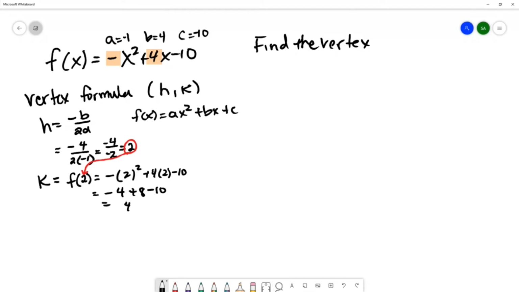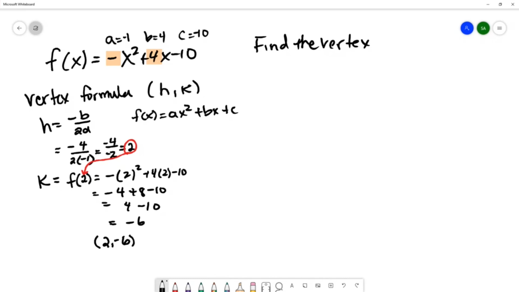Negative 4 plus 8 is 4. 4 minus 10 would be -6. Okay, so we've just found the y-coordinate of the vertex to be -6, and so we have our ordered pair that represents the vertex being (2, -6). So this is one way to find the vertex.